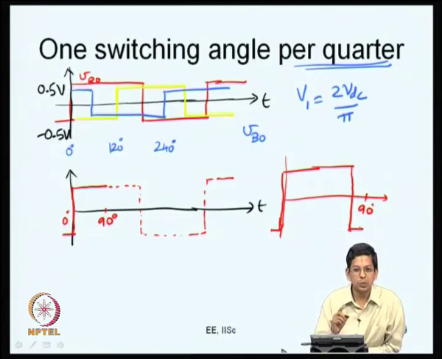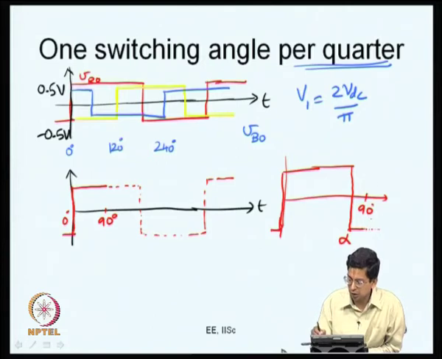So, there is one switching angle here, and let us call this angle alpha. I am representing only one quarter. To see the next quarter, I use mirror symmetry about 90 degrees. This is how the waveform will look about 90.